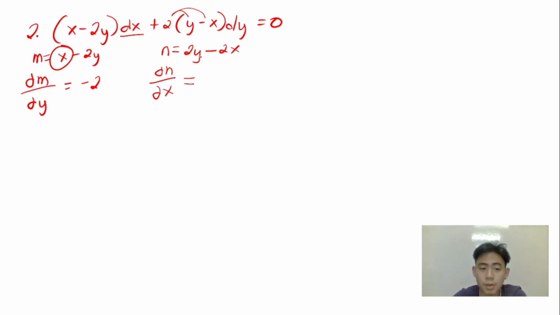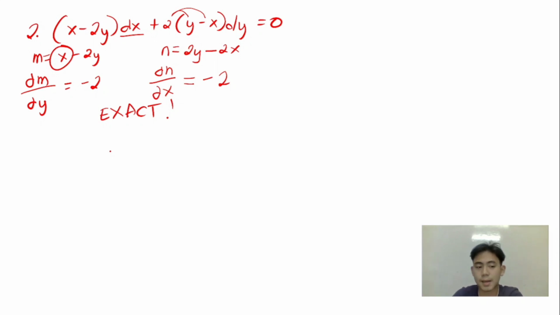Since constant siya, ang derivative ni 2y is 0. Ang derivative ni negative 2x is negative 2. So, ang condition ng equation natin, it seems to be exact. Exact na siya, mga lods.